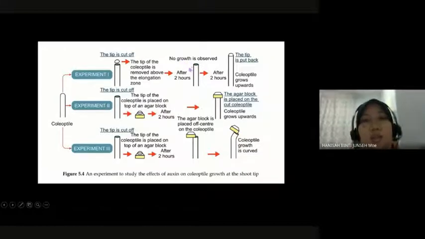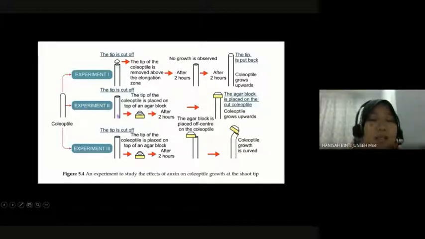And then they put the tip back, and it shows a growth process. The coleoptile grows upward. It means that what was removed, the tip itself, plays an important role because the tip has auxin. Okay, next we go to the second experiment.